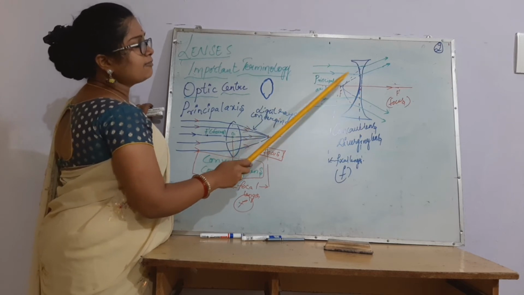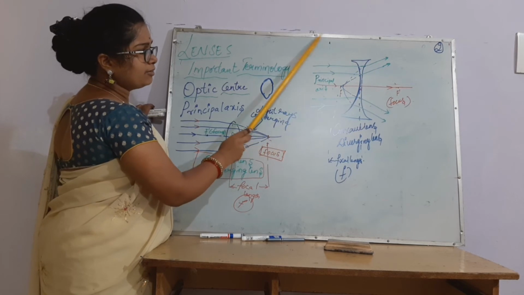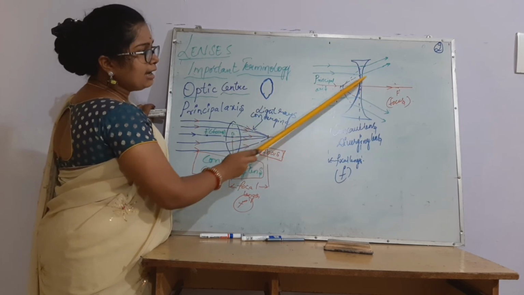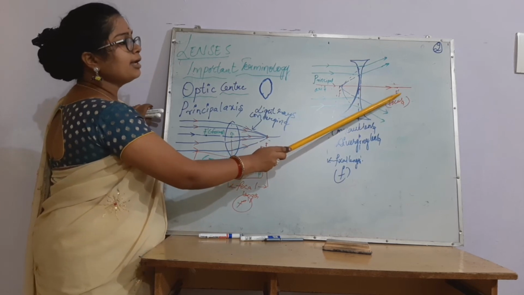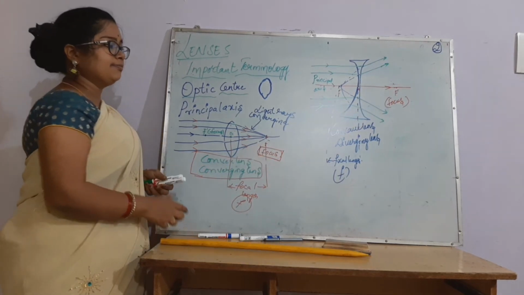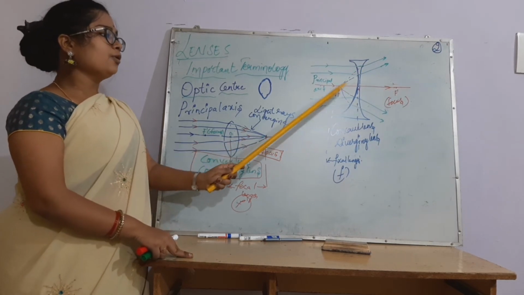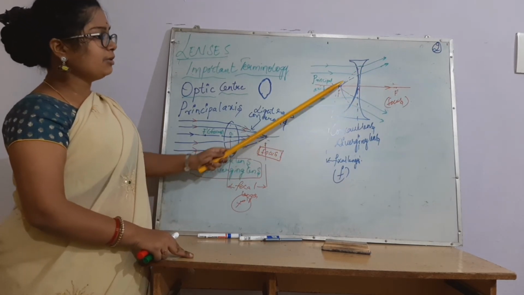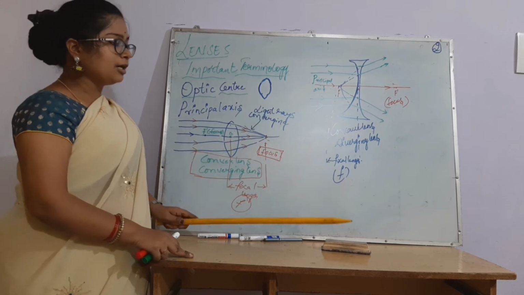If the rays come from this side, they are going to diverge on this side, isn't it? And if I drag them back like this, they are going to meet. It seems to meet at this point. Both will be the same, and the distance between the optic center and the focus is nothing but the focal length.